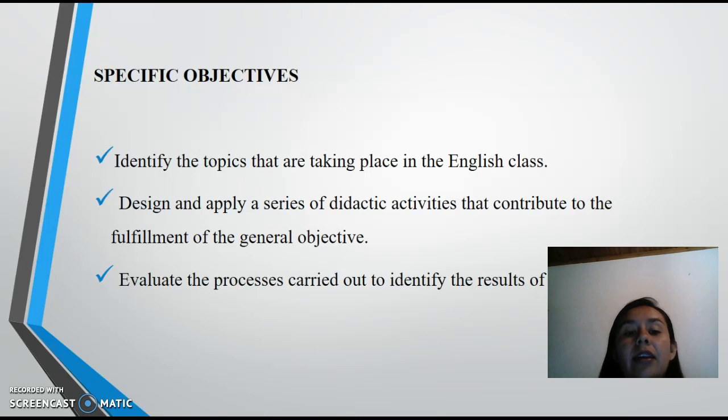Design and apply a series of didactic activities that contribute to the fulfillment of the general objective. 3. Evaluate the process carried out to identify the results of the investigation.